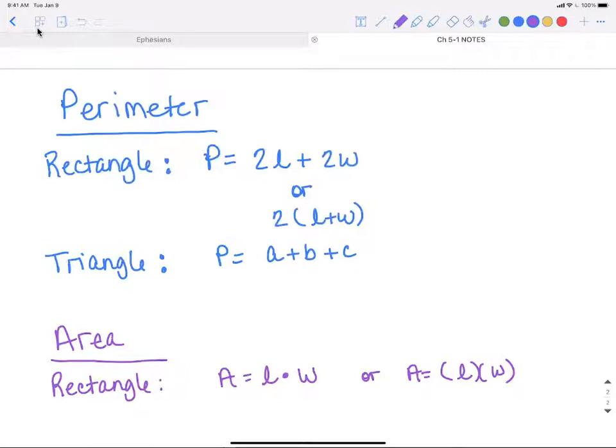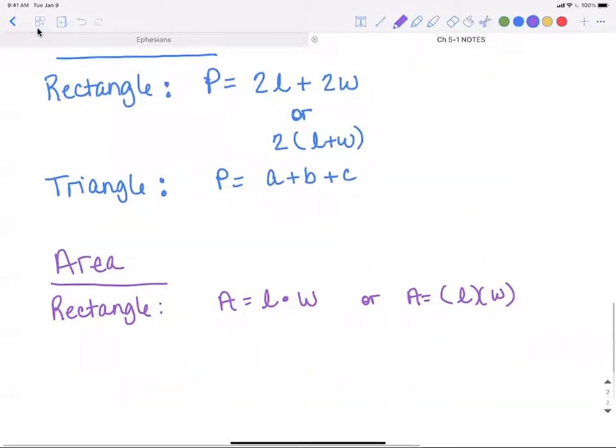And then area of a triangle: area equals 1/2 base times height. And it'll be important to remember as we get into some of these examples that it's the associative property of multiplication and addition.